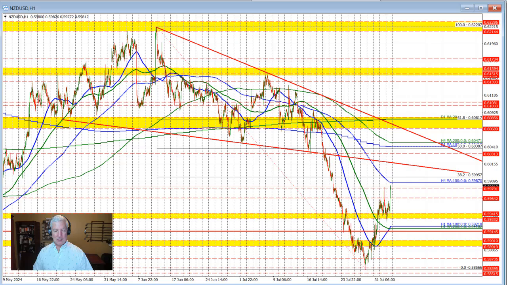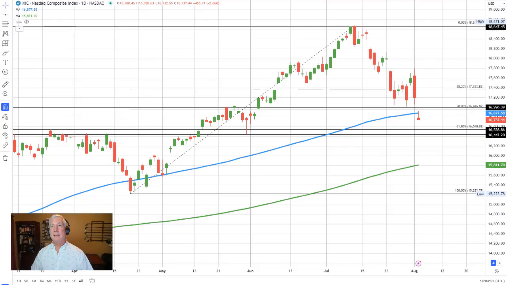In other markets, taking a quick look at the NASDAQ index, we're now down around 456 points. You can see how the price gapped below its 100-day moving average. That's the blue line in this chart at 16877. The price did move to a high of 16920, but that was short-lived, and the price started to rotate back to the downside. We're also back below the 50% retracement of this move to the upside at 16946.